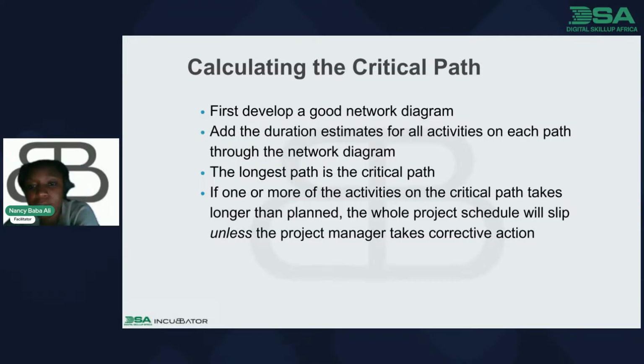And then the last point says if one or more of the activities on the critical path takes longer than planned, the whole project schedule will slip. So this is just saying that, for example, as we said, A equals 1, meaning a 1 day duration span, B equals 2, meaning a 2 day duration span, C equals 3, meaning 3 days in a duration span.